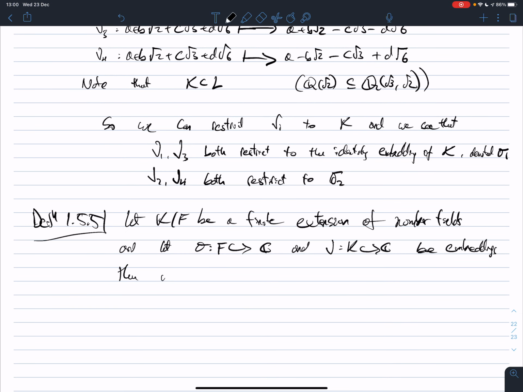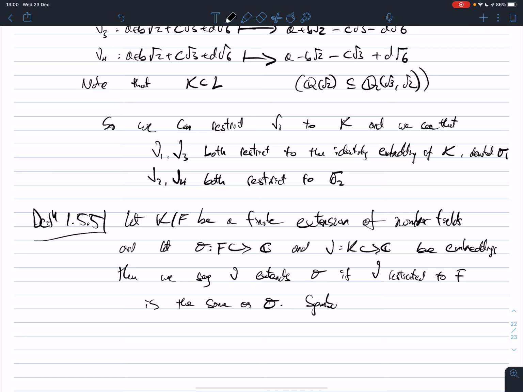Then we say eta extends sigma if eta restricted to F is the same as sigma.